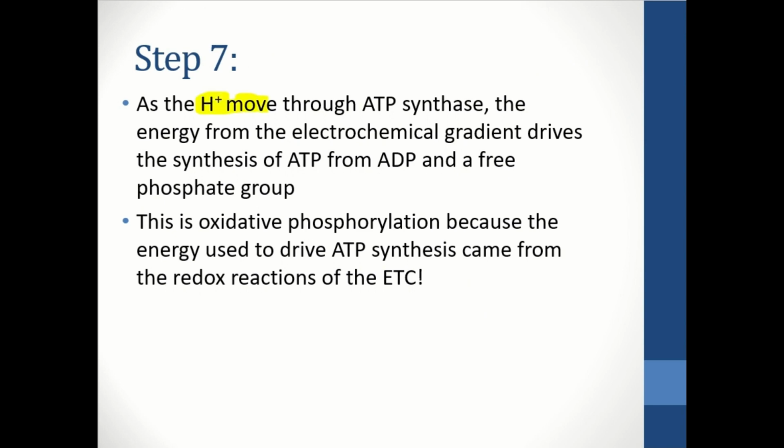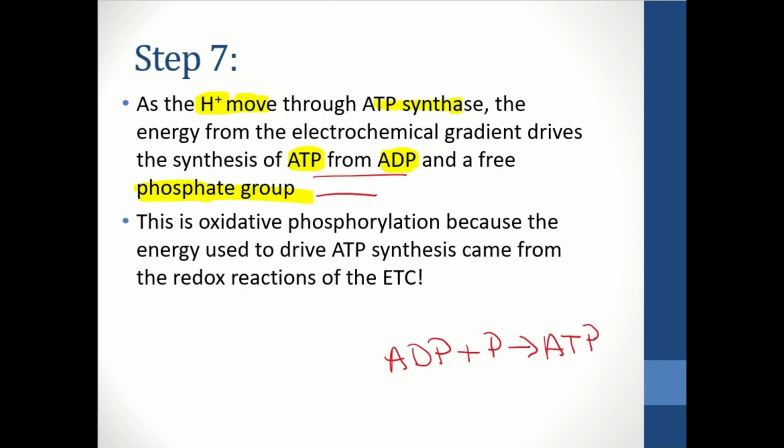Okay, so as the hydrogen ion moves through it, it allows this ATP synthase to move, generating ATP from ADP. If you remember, adenosine triphosphate, and you have adenosine diphosphate, and then you add another phosphate. So what you end up creating is you'll have your ADP, so your diphosphate, plus that phosphate, which would give you your ATP.